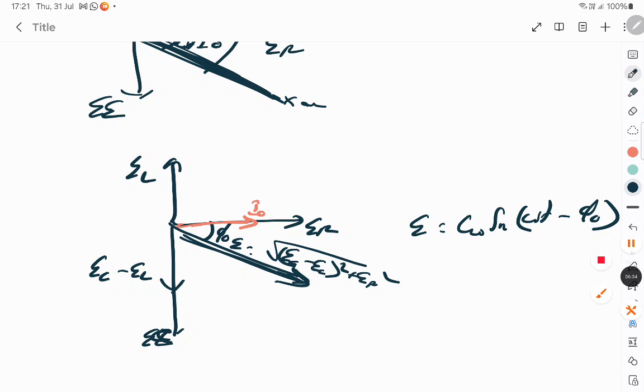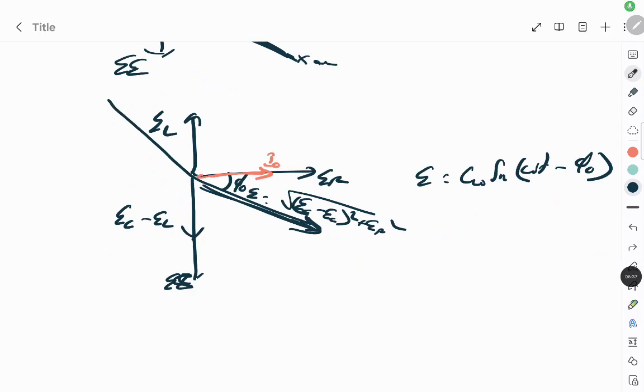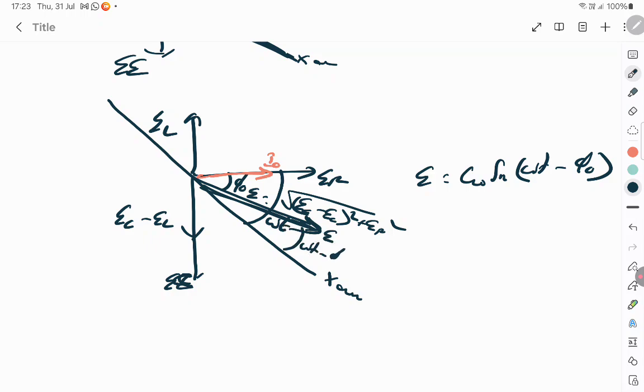So in this, I'm going to draw the x-axis like this. You know that the I naught is always going to make an angle omega t with the x-axis, and then the resultant EMF making with the x-axis will obviously be omega t minus phi naught, and this is the phasor diagram.